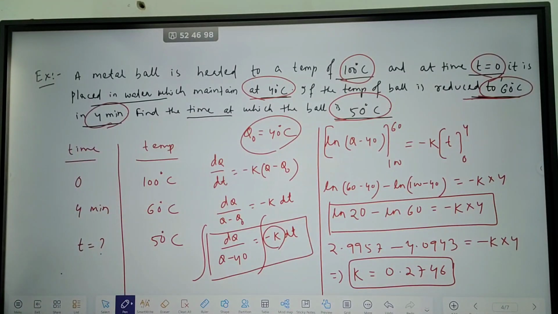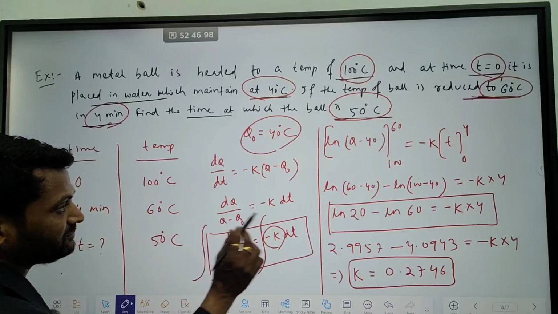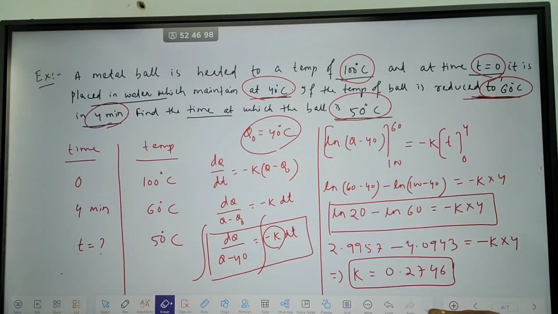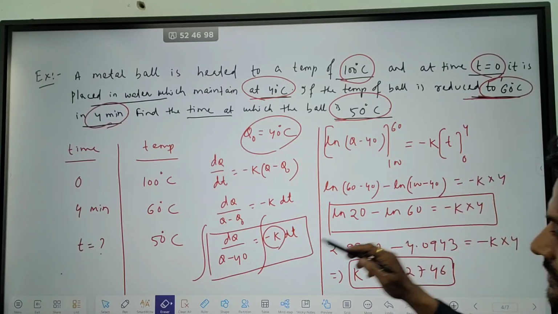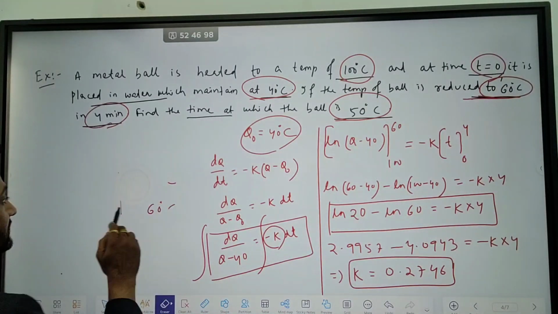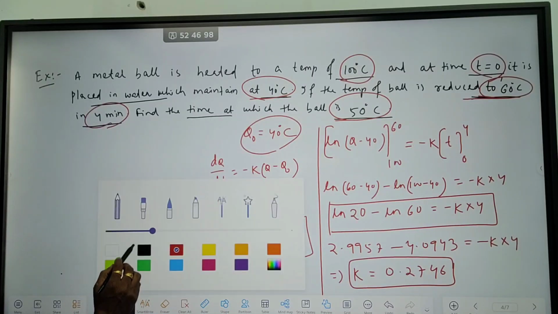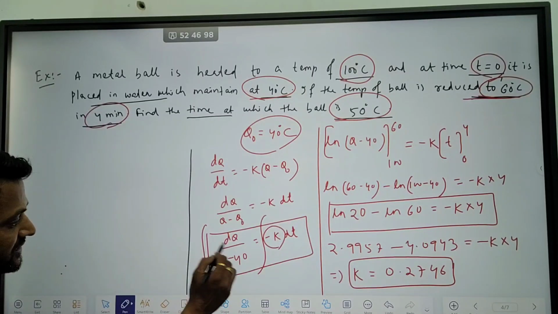And for the second integration, what do we have to do? Same thing. Okay, here I am writing. First note this down. Did you note it down? Okay. So for the second integration, here I am writing the same expression.